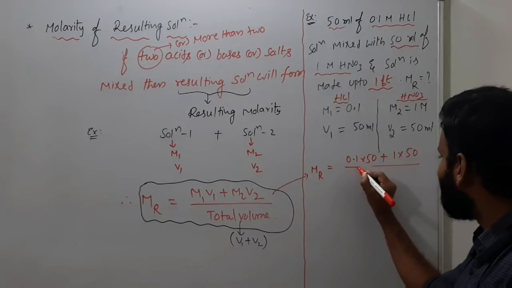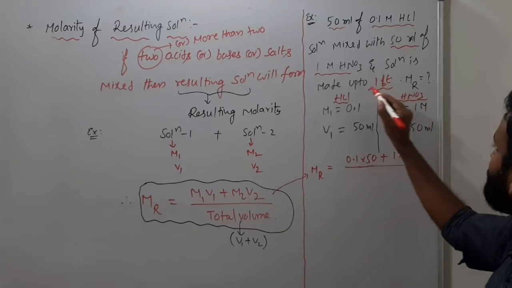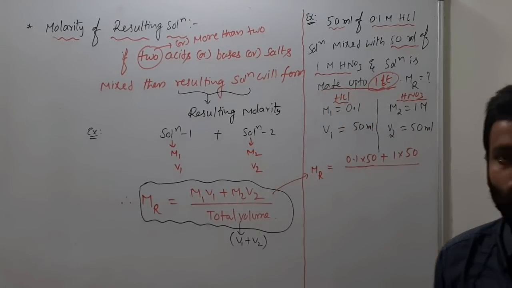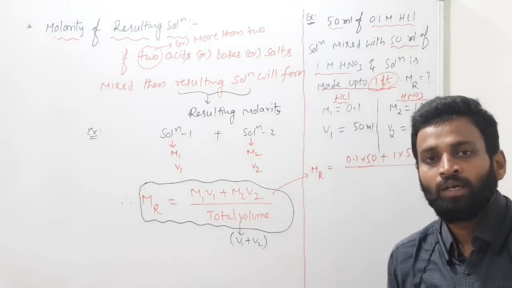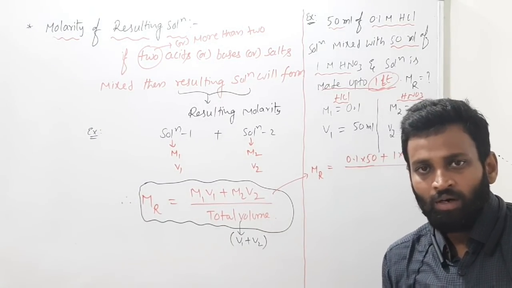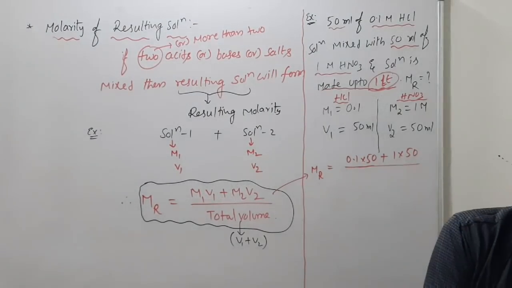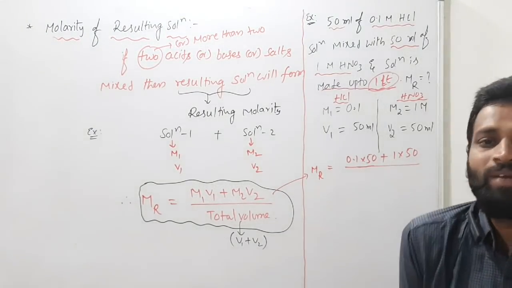Sir, 50 plus 50 you cannot take here, because the solution is made up to 1 liter. That means the solution consists of 1 liter. Sir, if we add 50 ml solution to 50 ml, it will be 100 ml.